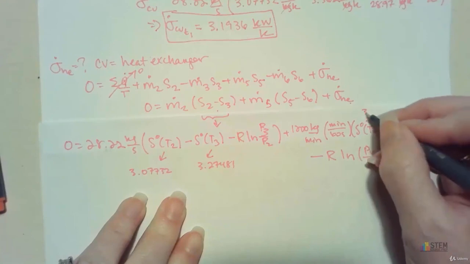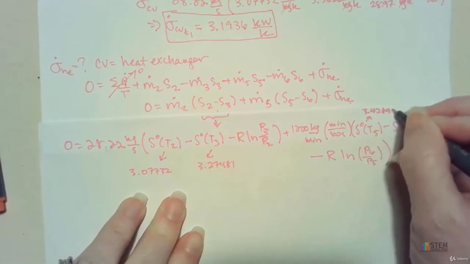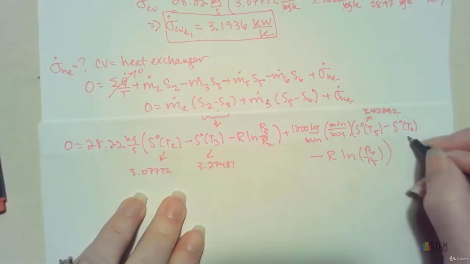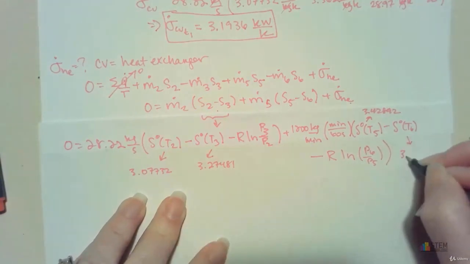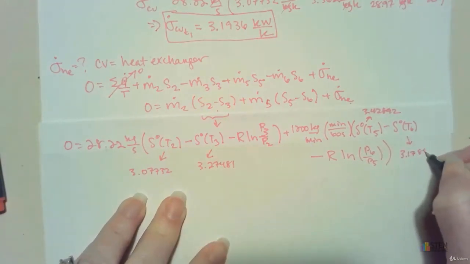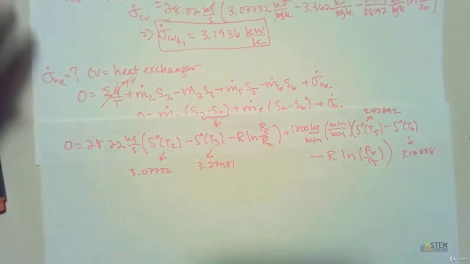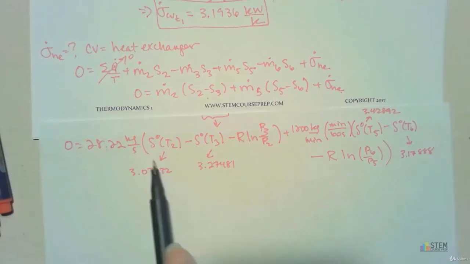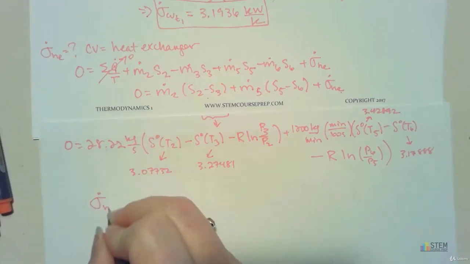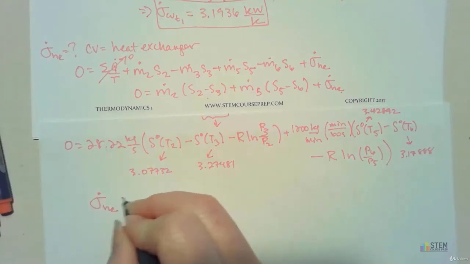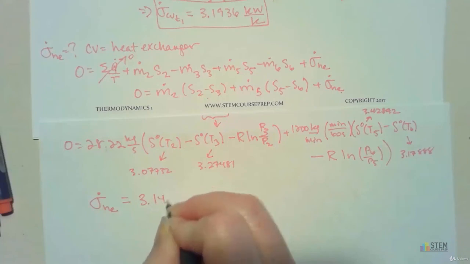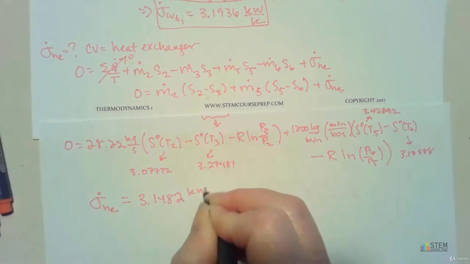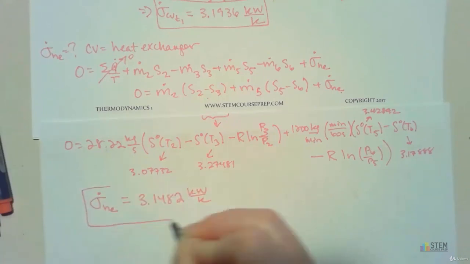That's going to be 3.42892. And then finally this one is 3.17888. Alright, so that's what you get when you look up all the values in the tables. When you plug all of these things in, what you're going to end up with is sigma dot for your heat exchanger. It's going to be 3.1482 kilowatts per Kelvin.